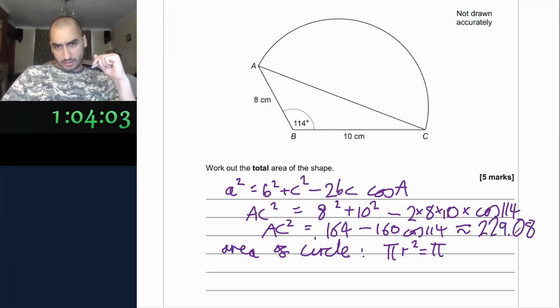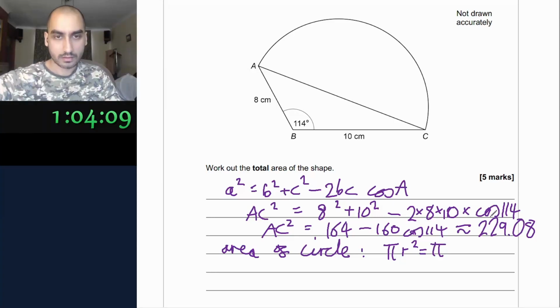Does that look right? Oh, we want to square root it. Damn it.